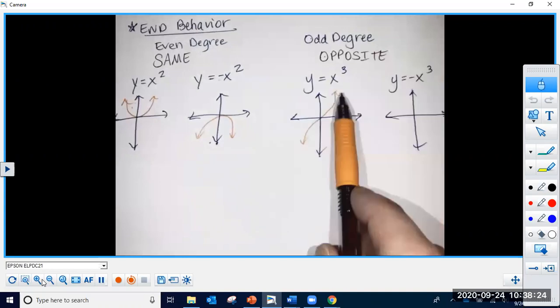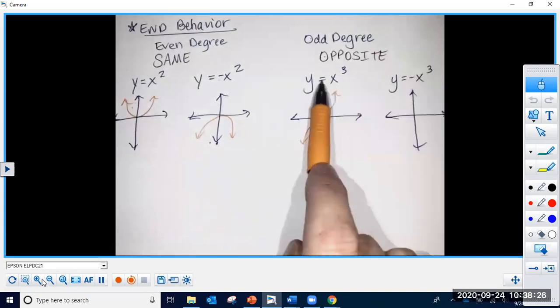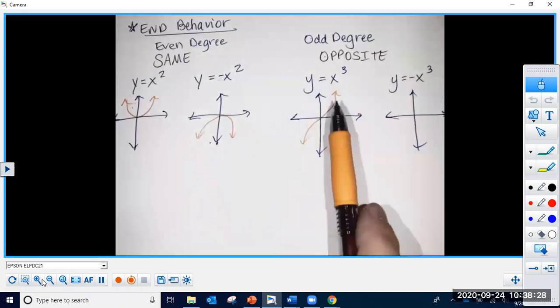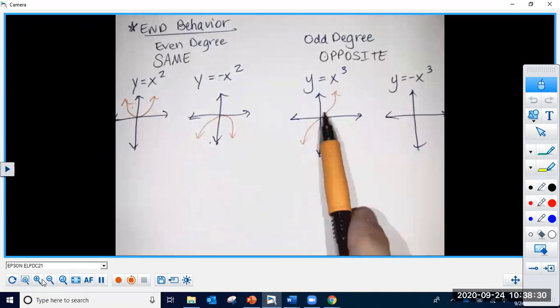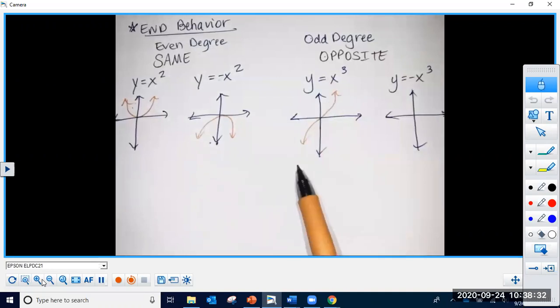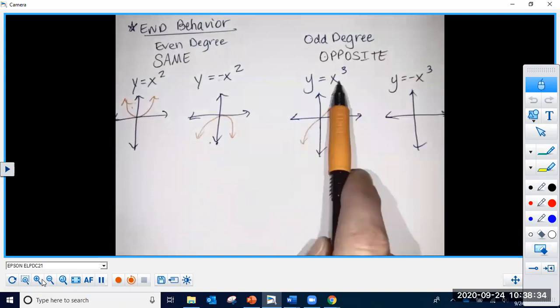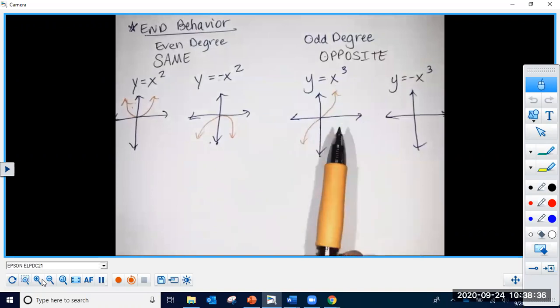That's if your leading coefficient is +1, and it's going down on the left side and up on the right. It is just exactly what you would think.